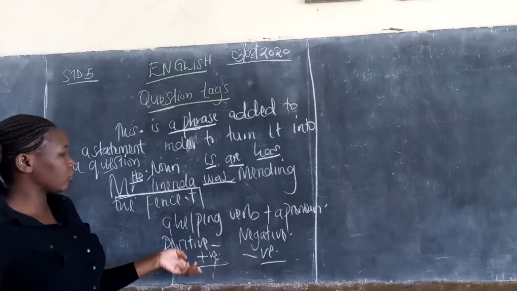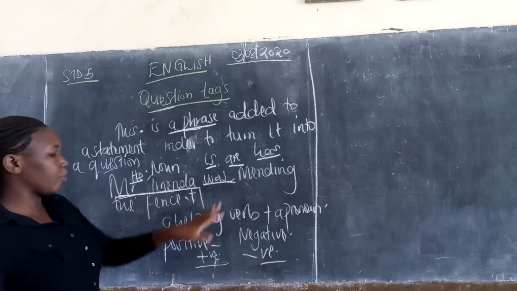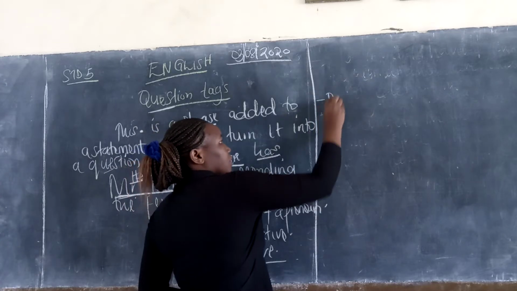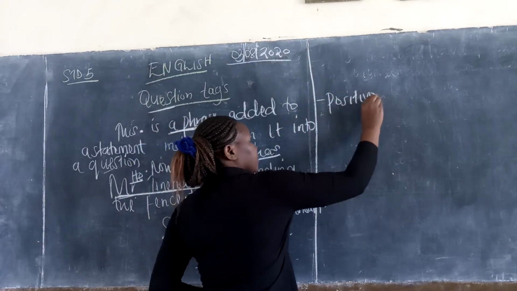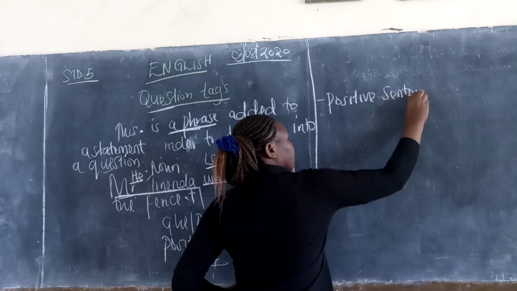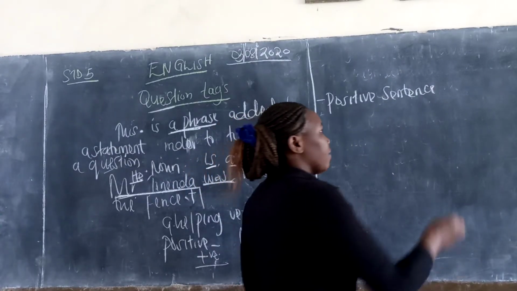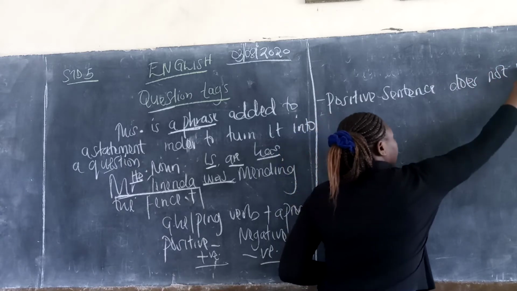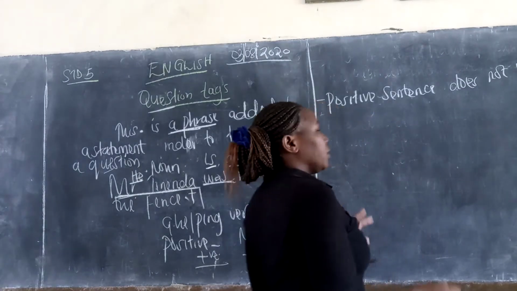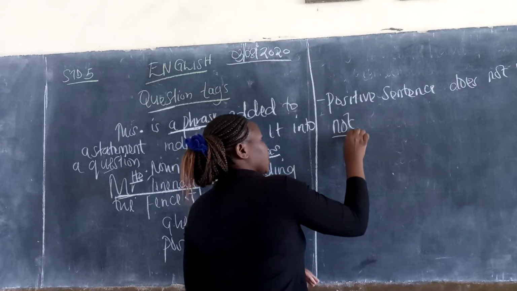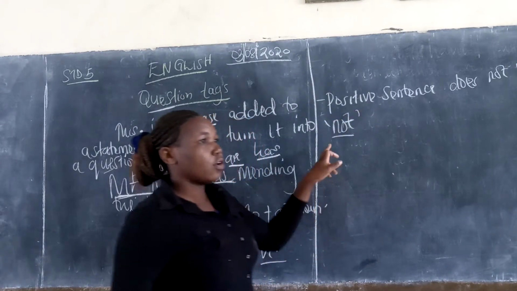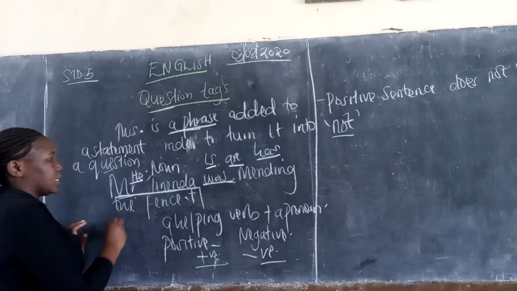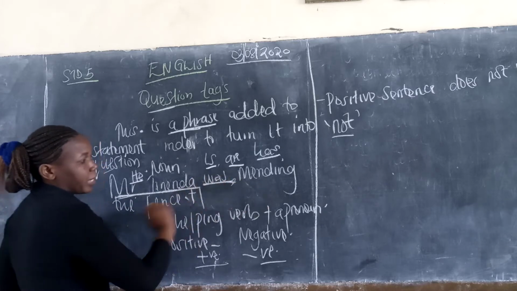Here we are talking about Mr. Tinenda, and a positive sentence is a sentence that does not have not. Like our sentence here, there is no not anywhere in the sentence.